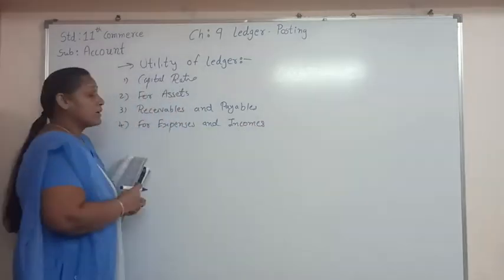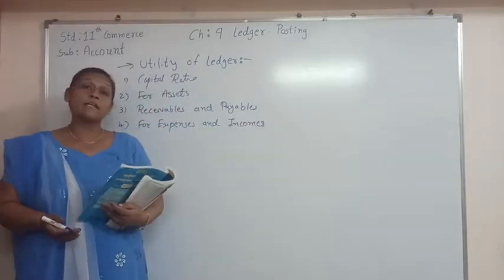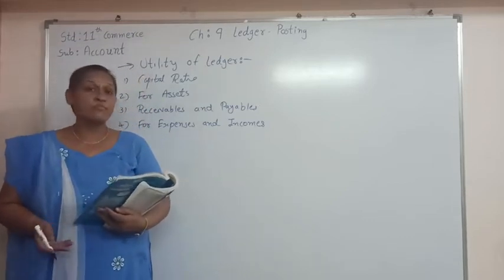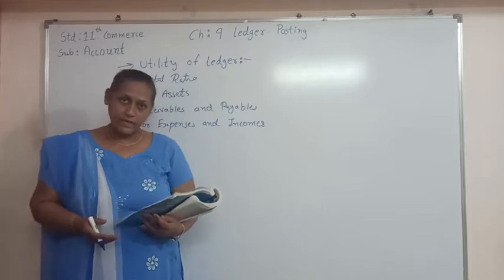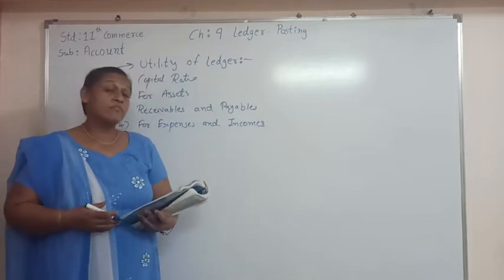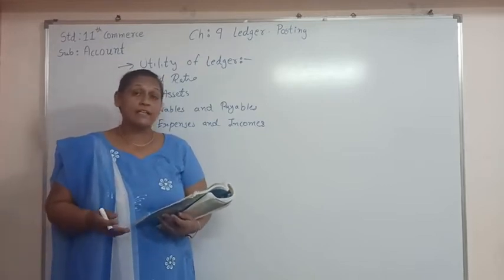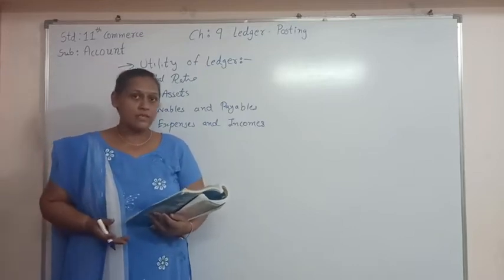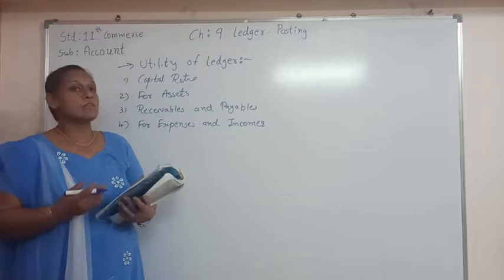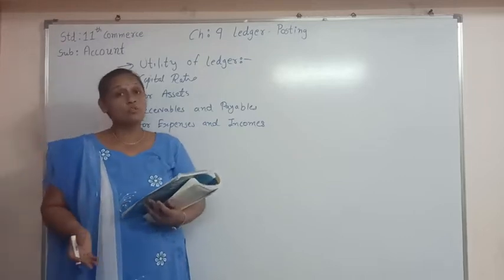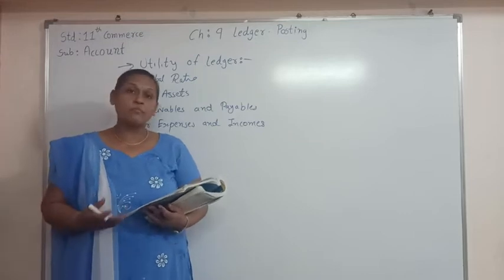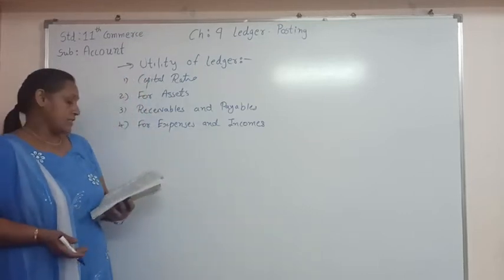In the business, how many expenses we have incurred and how much income we have got is also very important. If we are incurring more expense, that can be controlled through the analysis of the expenses, and that analysis is possible only through the ledger. So to know the total expenses and total income, it is very important to prepare the ledger.